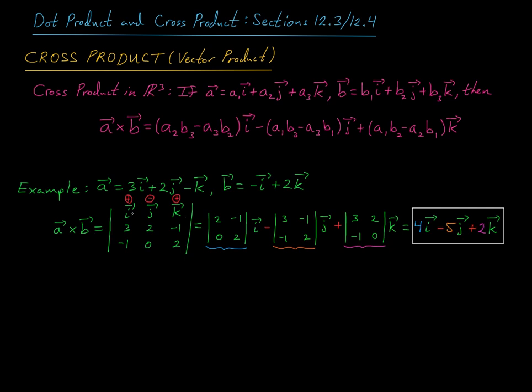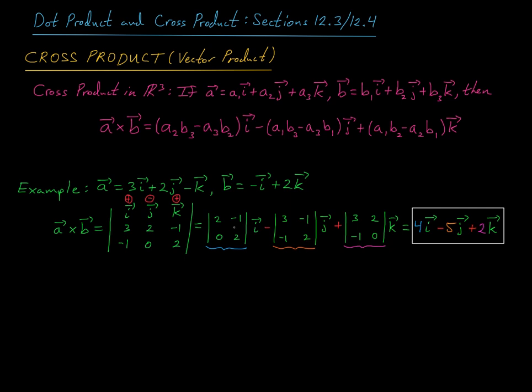Okay, so to set up the determinant, you always have i, j, k for the first row. Then you have the components of the vector A, so that's 3, 2, negative 1. And then for the third row, you have the components of the vector B. So negative 1, 0 for the j component, because you don't see a j, and then a 2 from the k, right? So then you expand it just as we described.